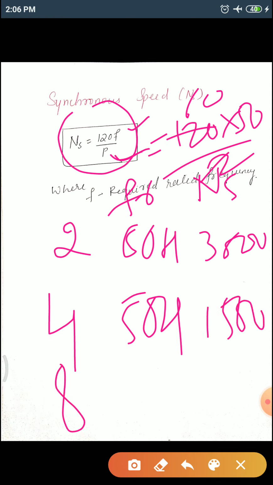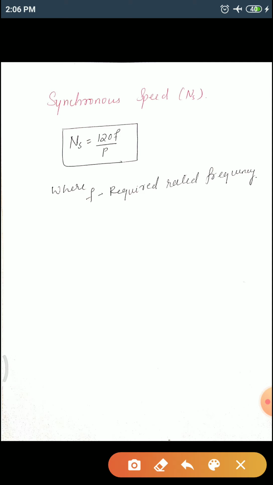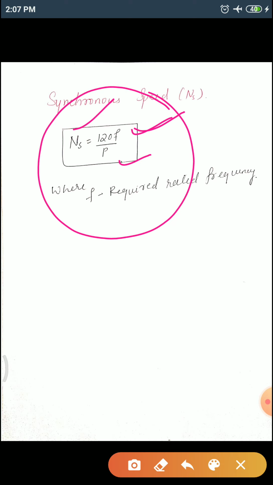For 8 poles, it will be 750 rpm, and so on. So this is about synchronous speed. Remember, such a machine having a fixed relationship between P, N, and F is called a synchronous machine, and hence alternators are called synchronous generators.